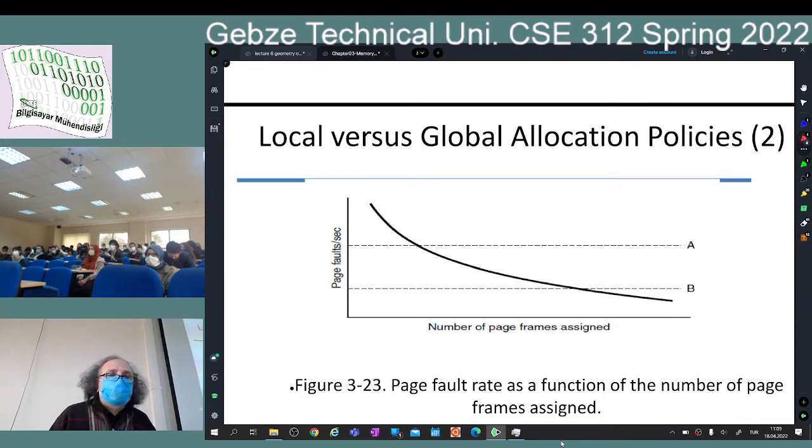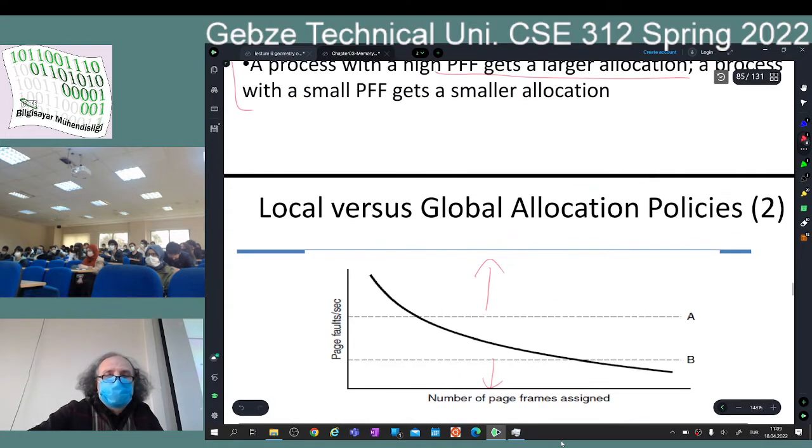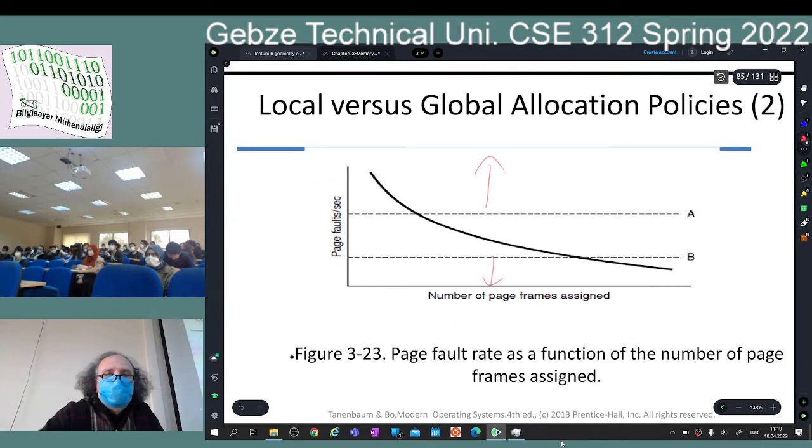Okay, so you like to keep your page faults per second between the two threshold values, A and B. Anything above this is called thrashing. Anything below this means that process is using too much memory. Okay, you need to keep your page faults between two values.